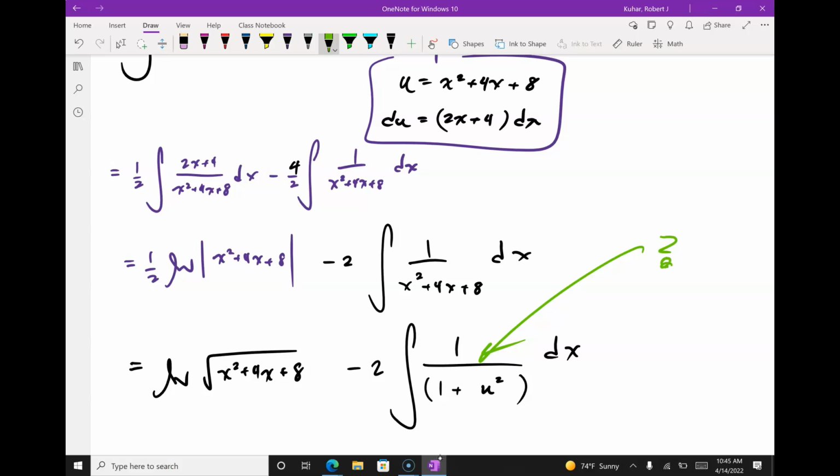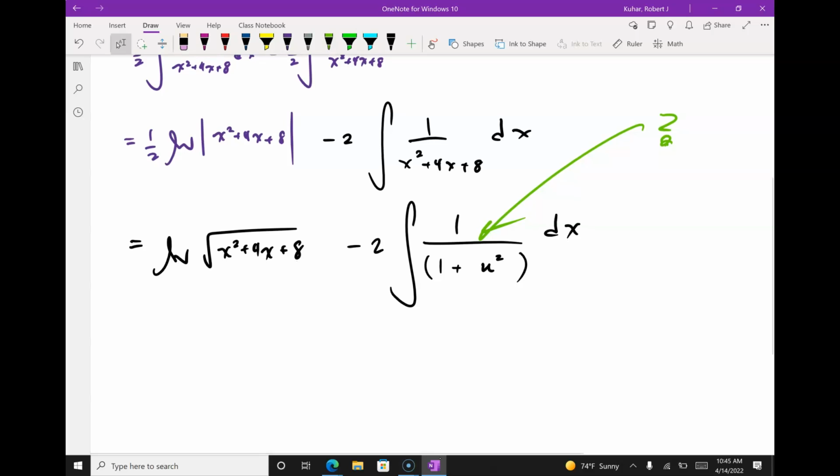So I've tried everything else. The last thing I'm going to have to try is complete the square. I don't know if it's going to work yet. It will, but I'm not sure yet, right?